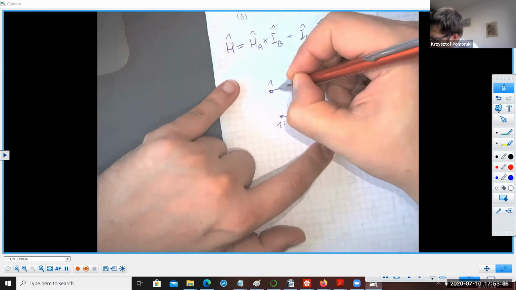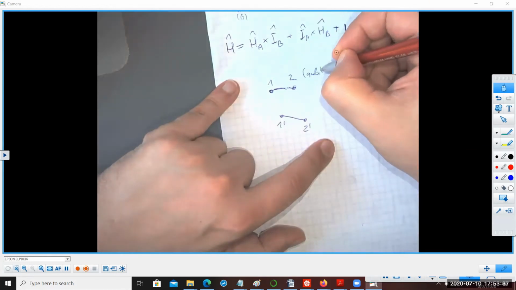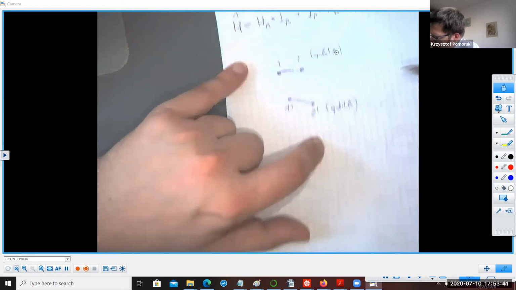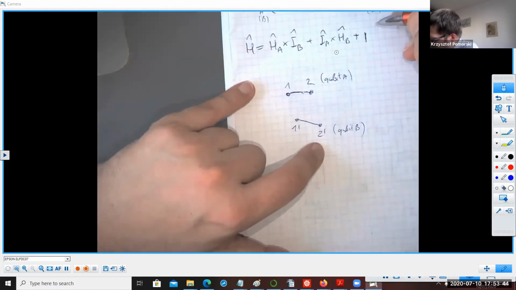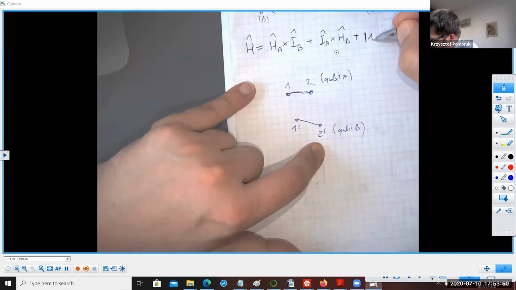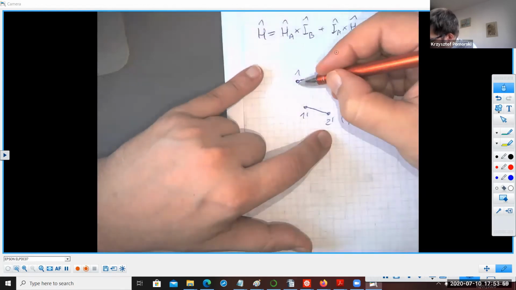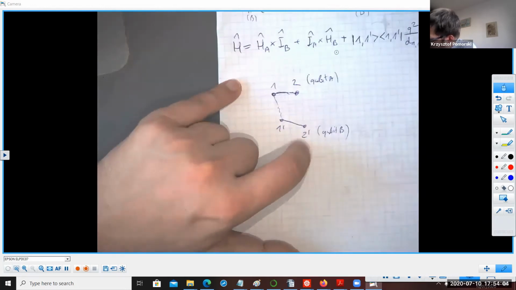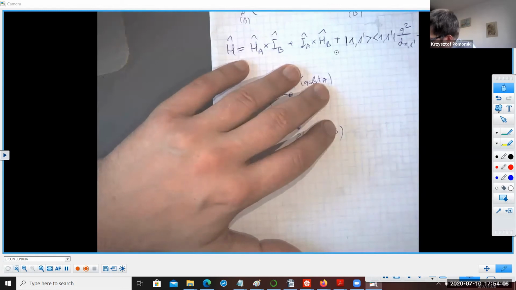Okay, so this is qubit A and qubit B. Yeah, and then we have to have this representation of the states. So 1, 1 prime, and then there's transfer over this distance.